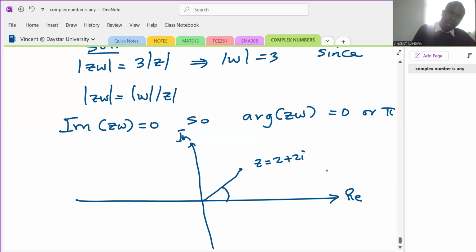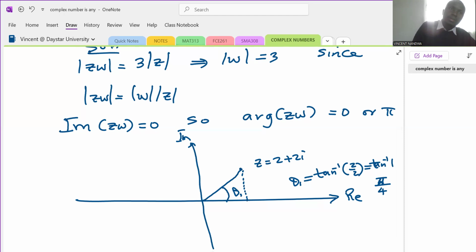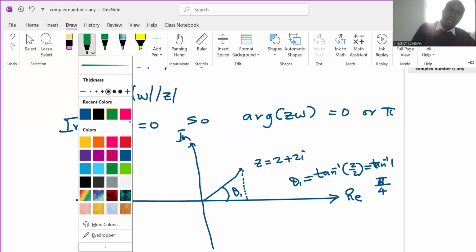And if you define a small right angle triangle here, and I call this angle theta 1, then theta 1 is tan inverse of 2 over 2, which is tan inverse of 1, which is actually just 45 degrees or pi over 4. So this angle here is pi over 4.